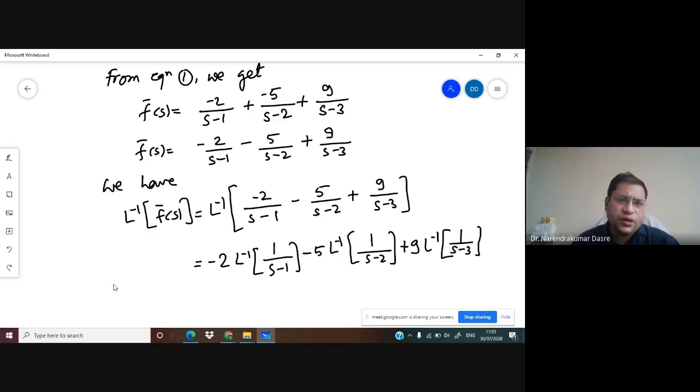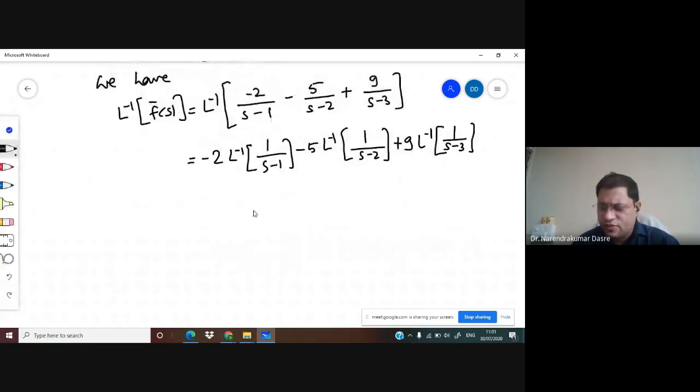Okay, so here we know the Laplace inverse of 1 upon S minus A. What is the Laplace inverse of 1 upon S minus A? e raised to At. So here it will become e raised to t minus 5 e raised to 2t plus 9 e raised to 3t.